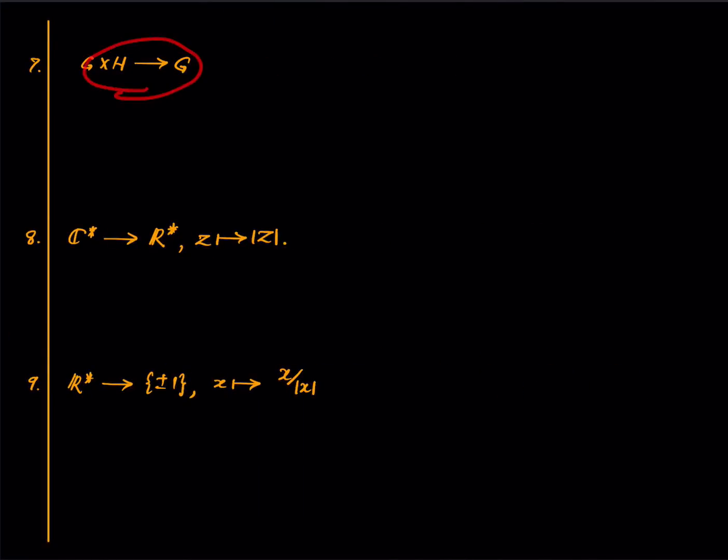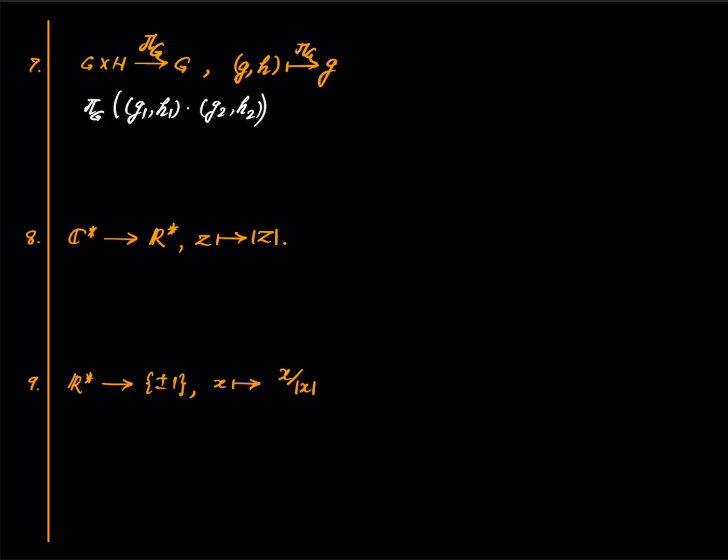This is another very simple and abstract example. We have two groups G and H, and what is this map? Let me call this map pi sub G, which takes (g, h) to g. That's the definition of pi sub G, and I want to justify that this is a group homomorphism. So pi sub G of the product of two elements in the product group is, by definition of the binary operation in the product group, this.